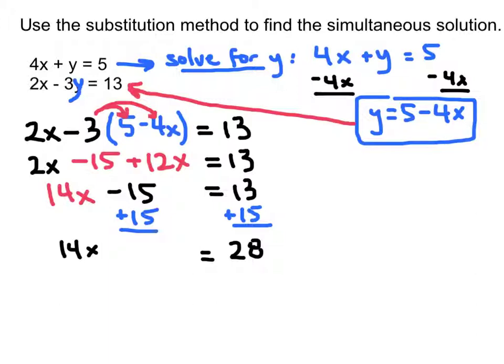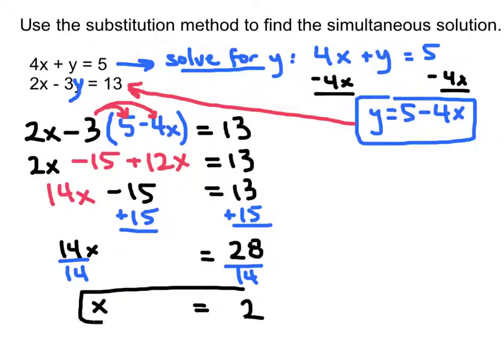To finally solve for x, we will divide both sides by 14. And we will get x equals 2. So I'll circle that answer to help me remember that I just found the x of my system.